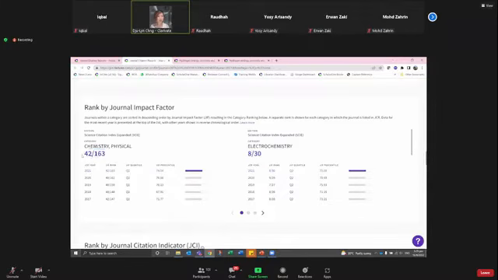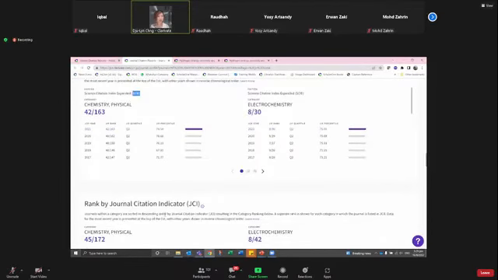This journal is ranked number 42, and therefore it is a Q2 journal. The quartile here is divided equally at 25% each, so the top 25% will be your Q1, followed by Q2, Q3, and Q4. Being 42, it falls under Q2. So there are 163 journals in SCIE, Chemistry, Physical.